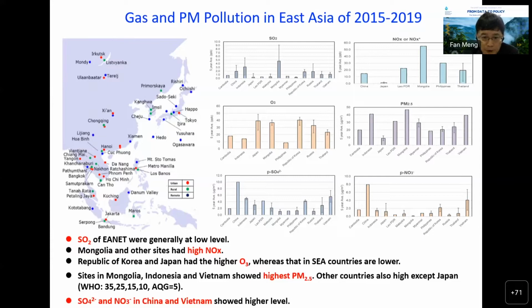For PM, currently we don't have very complete PM monitoring, but from the country reports, we can see all the PM2.5 concentrations in the region are pretty high compared to the WHO's target. For the components in PM2.5, sulfate and nitrate in China and Vietnam are still at a pretty high level. So this is still an issue, and it is also closely related to acid deposition.